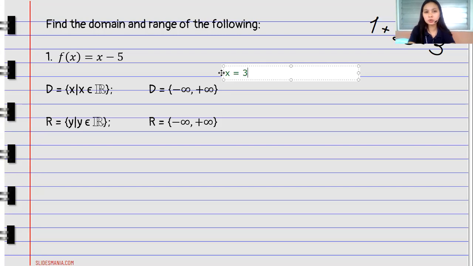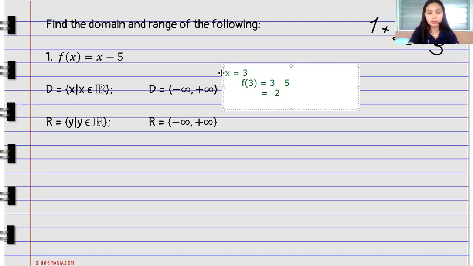So, if I substitute it to our given function po, ayan. f of 3, x natin is 3, equals 3 minus 5. Tama? So, if we're going to simplify this, it will become negative 2 po. Ibig sabihin, ang magiging partner po natin will be 3 and negative 2 po.